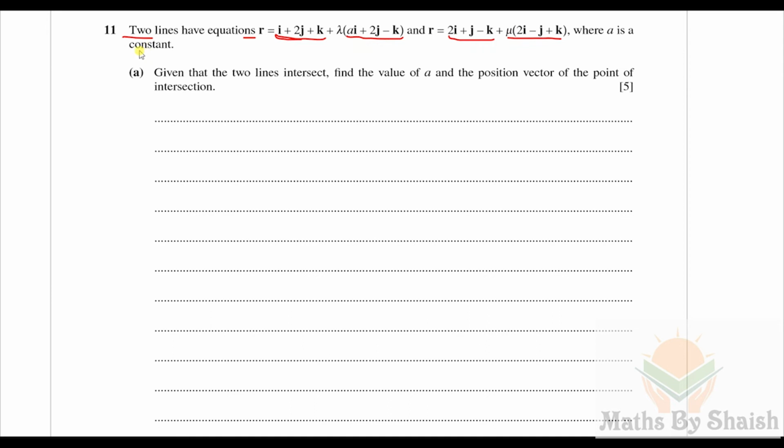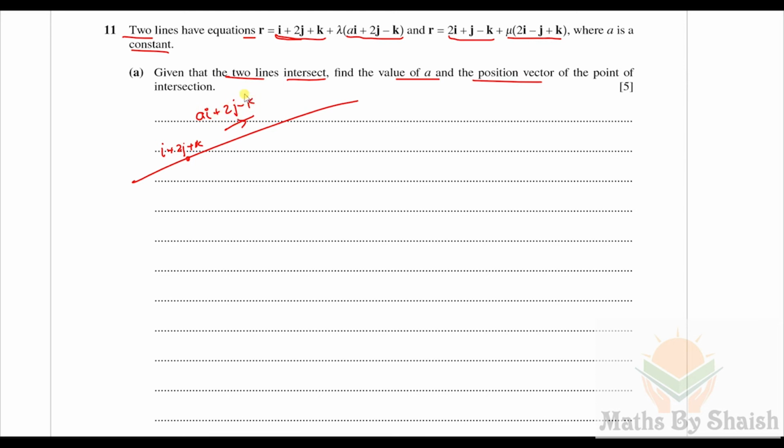Given that the two lines intersect, find the value of a and the position vector of the point of intersection. So for the first equation of the line, this point is, let's say, i plus 2j plus k, that is 1, 2 and 1, and the direction vector is going to be ai cap plus 2j cap minus k cap.